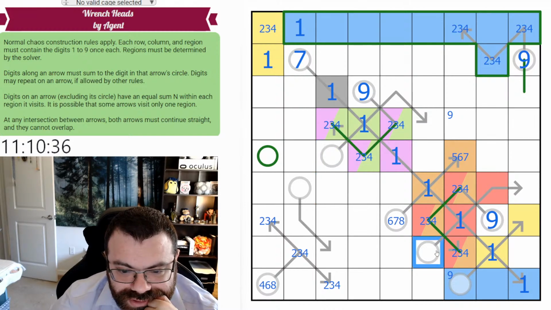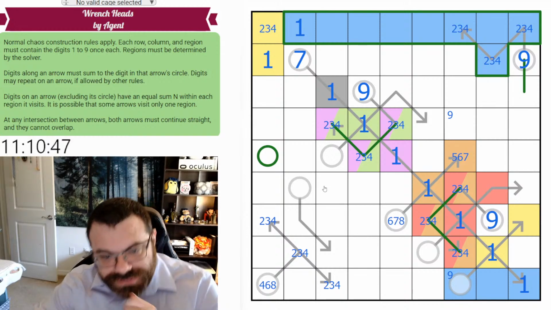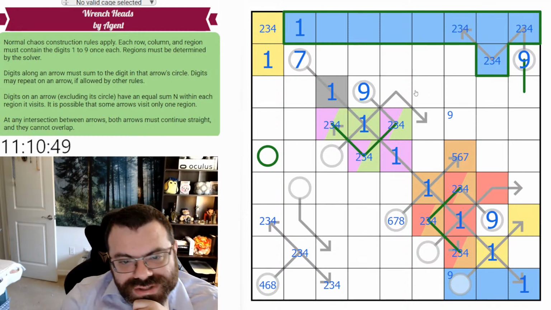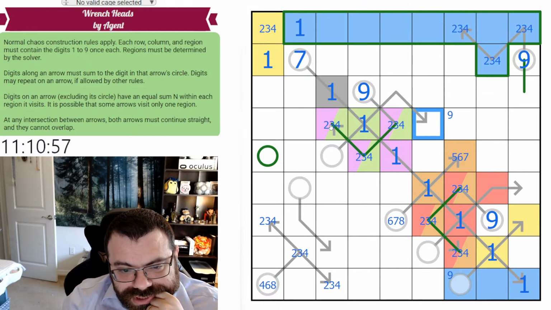So if this is red, then they don't have to connect here. Now I know that one of these two is green. So if this one's green, then this entire thing is green.